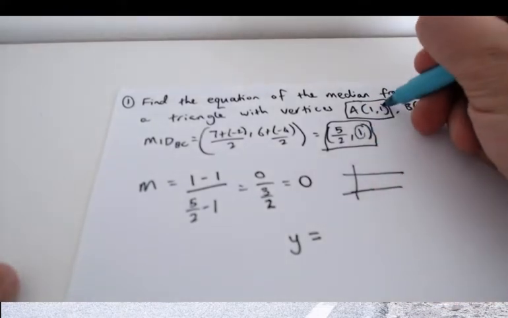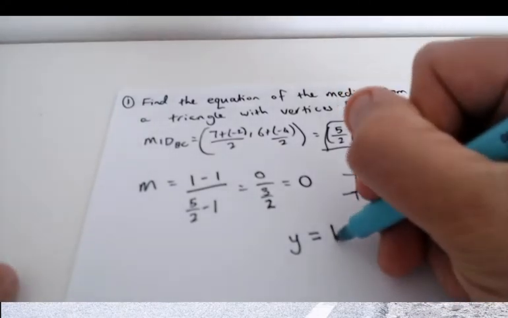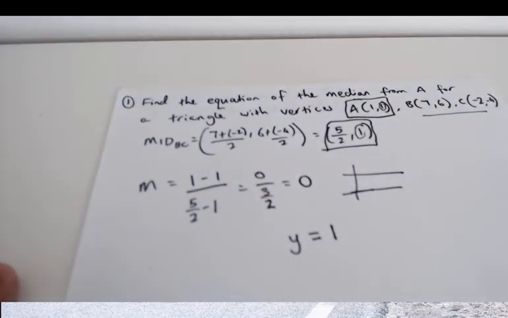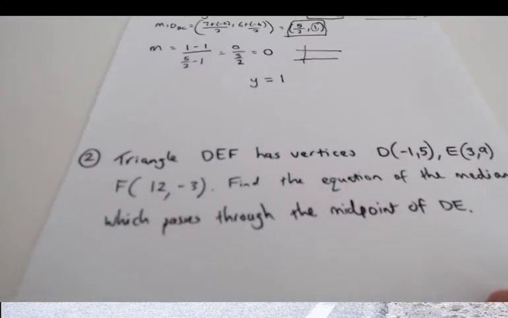Notice the y coordinate was 1 both times. Y equals 1. Remember what I said in the last video, you always have to be on your guard for horizontal or vertical lines, because you don't have to go through all the same steps that you have to do for the other questions.